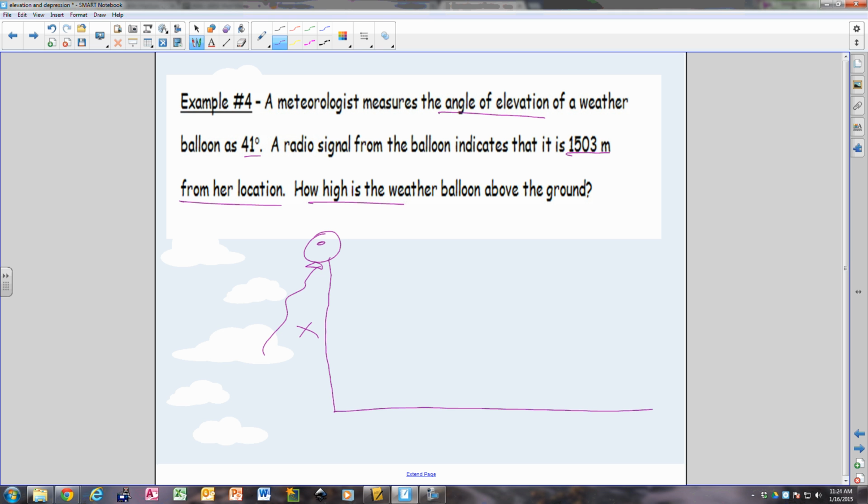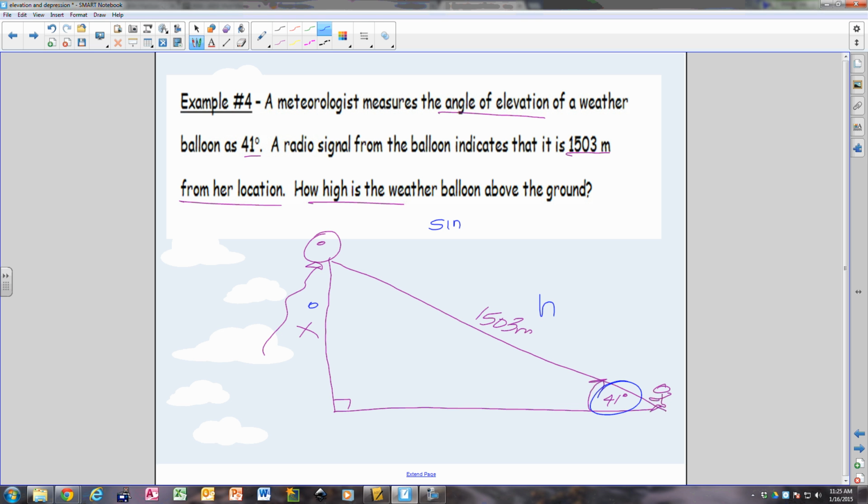So if you think about, you've got a right triangle, and it says the angle of elevation is 41, so go to the horizontal and go up. So that's 41 degrees. And it says a radio signal from the balloon says that it's 1,500 meters from her. So if she's standing here, that means this is 1,503. So labeling, so we go this angle, this is the hypotenuse, and this is opposite. So I would need to use sine.